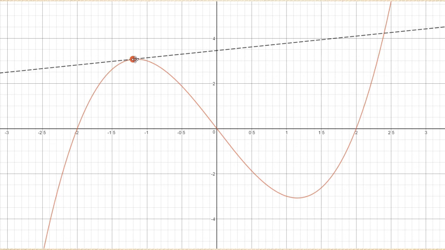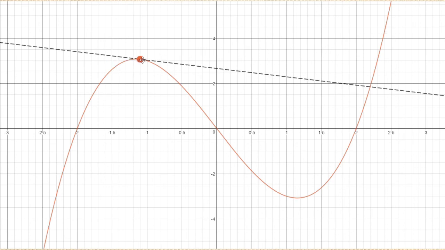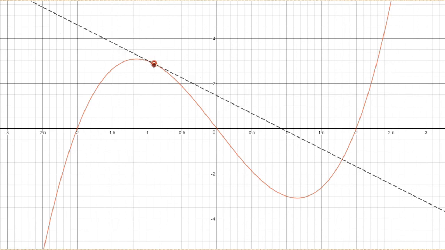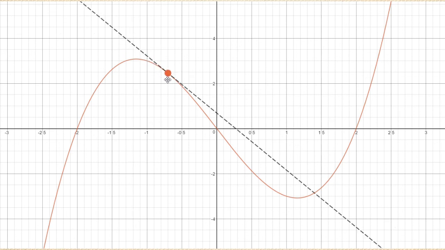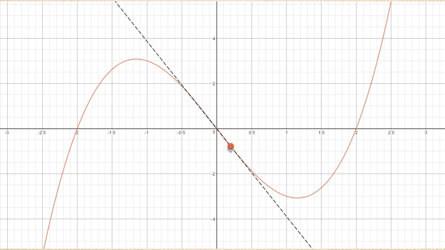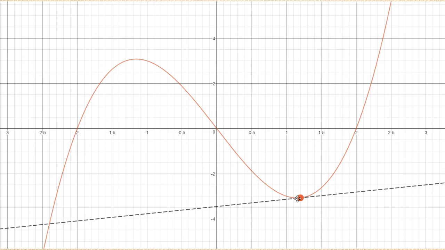After this maximum point, the gradient keeps on decreasing, more and more negative, until a certain point where the gradient starts to increase again, until it becomes zero again.